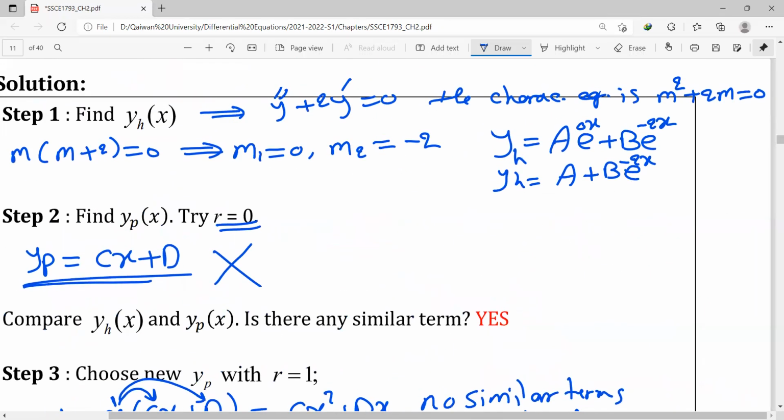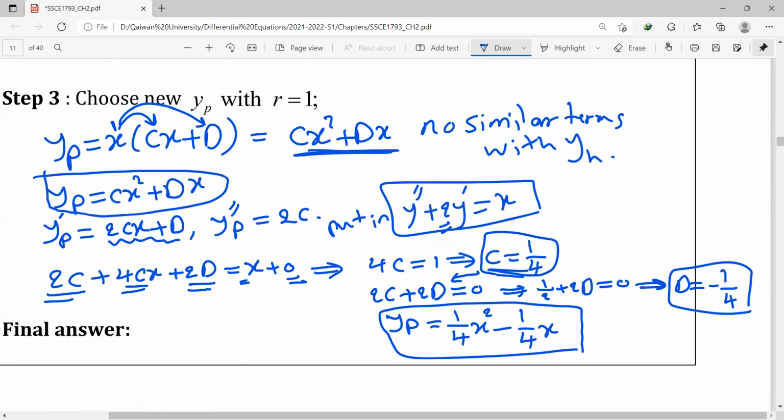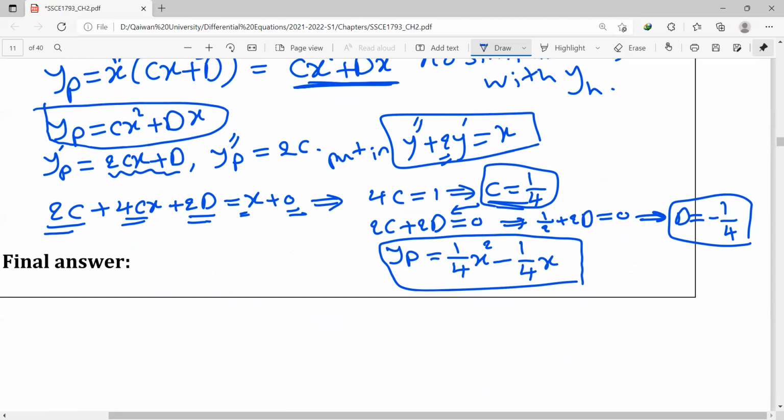And we found yh also. The sum of these two solutions is the general solution. Look, the process is that we first find yh, then we choose the suitable yp. It depends on r to be 0, 1, 2, and so on. And then we find yp. After finding yp, we say y equals yh plus yp.